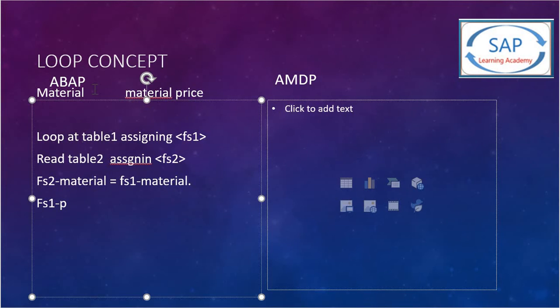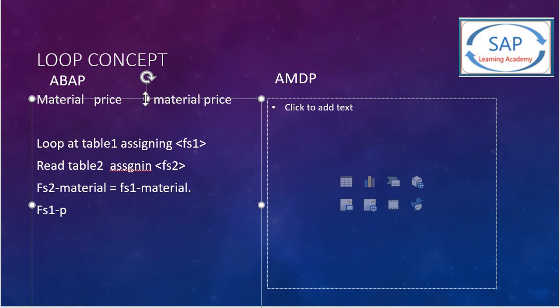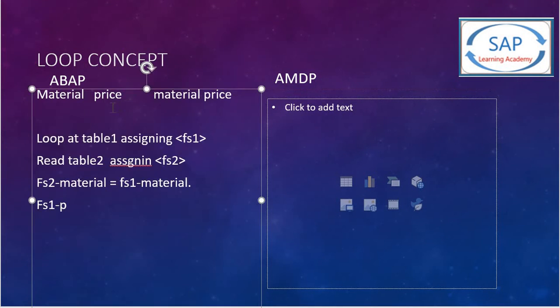and there should always be a price field. Just let me tell you again, this price is suppose a blank value. You don't have the price in it, but here it will have the price. So this fs1 price will be equal to your fs2 price, and then you will end the loop.